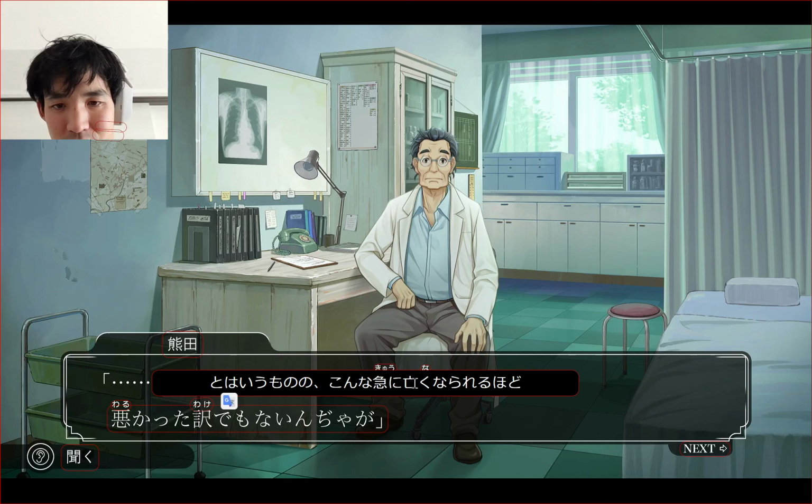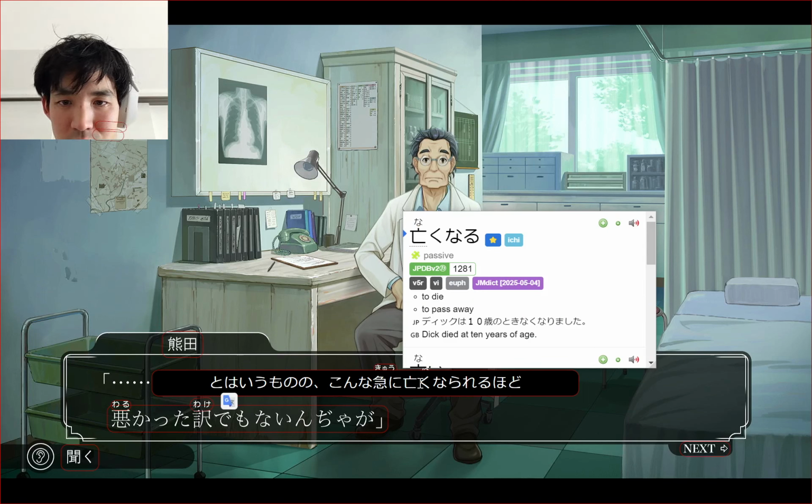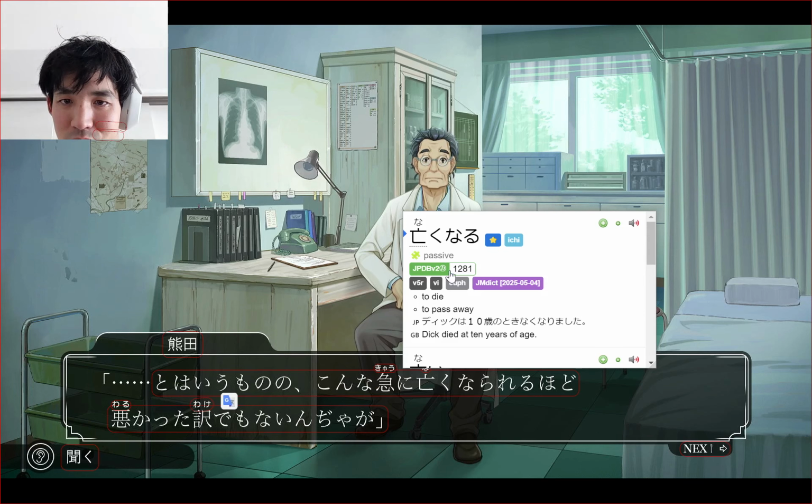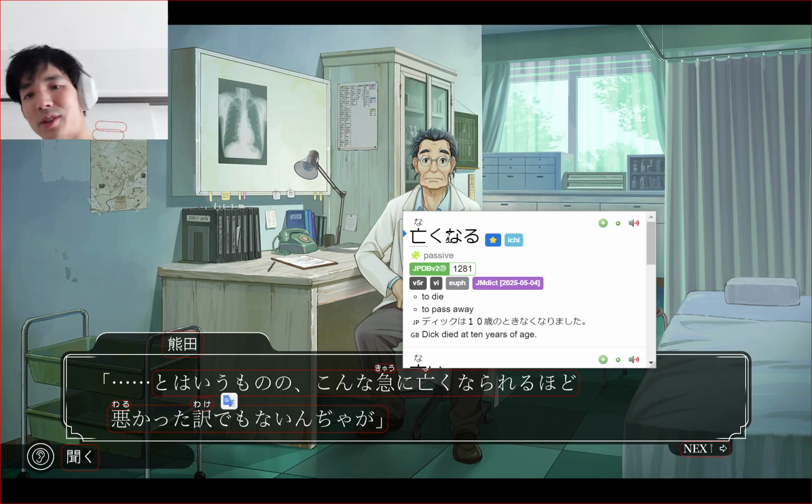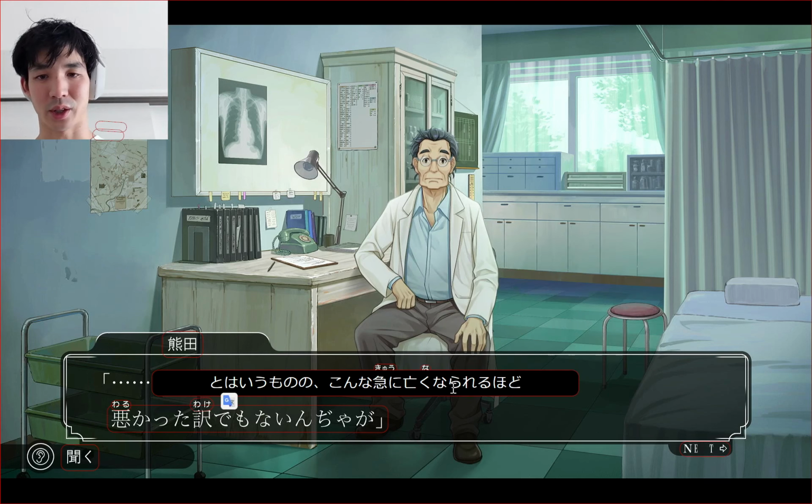Kyuu ni nakunaru, this is a nice way to say pass away. Kyuu ni nakunarareru. So nakunaru is I die, like watashi wa nakunarimasu. Nakunaru, nakunarareru is like the potential or passive form.